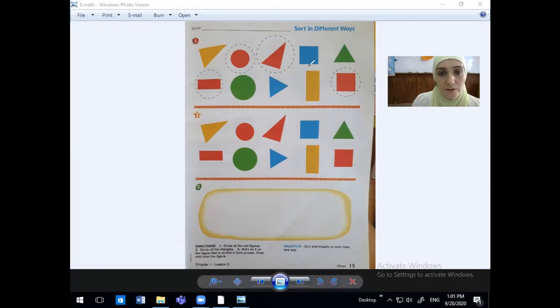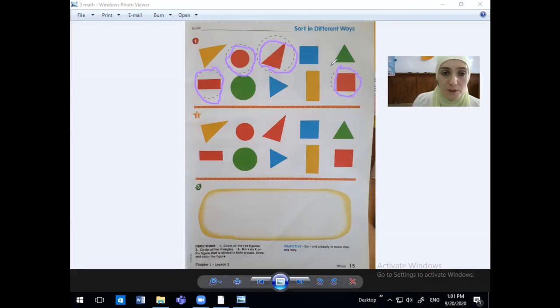I will take another color. So I can circle this red rectangle and red circle and red triangle, and here red square.